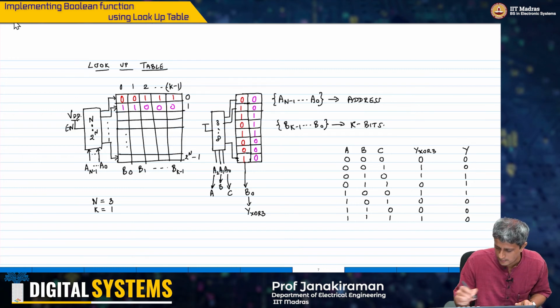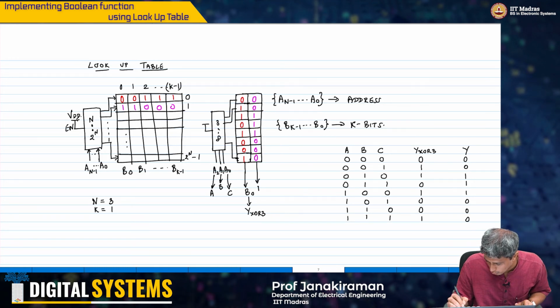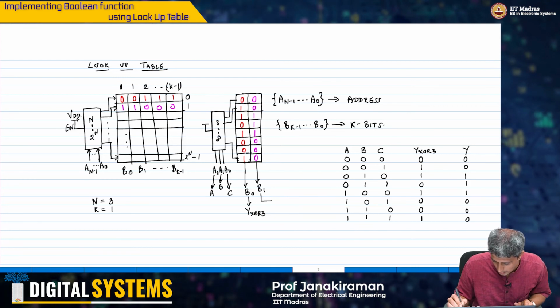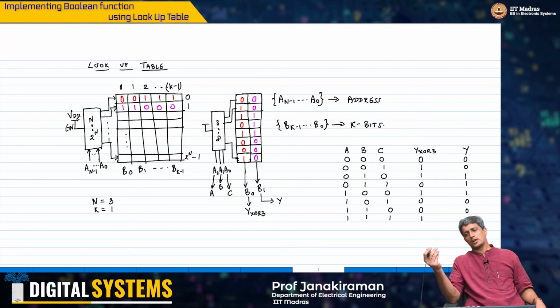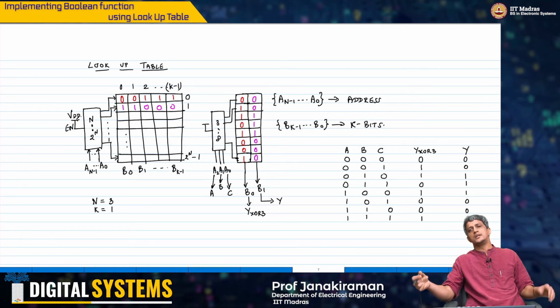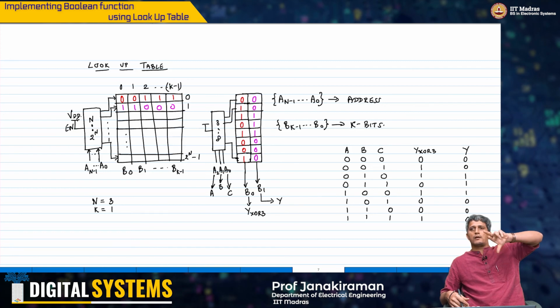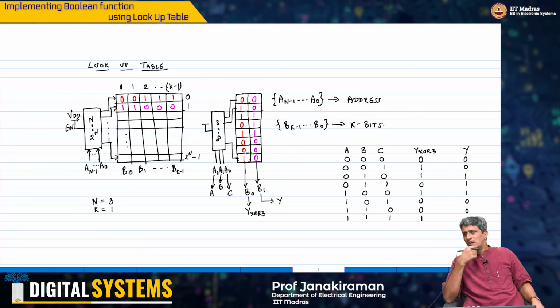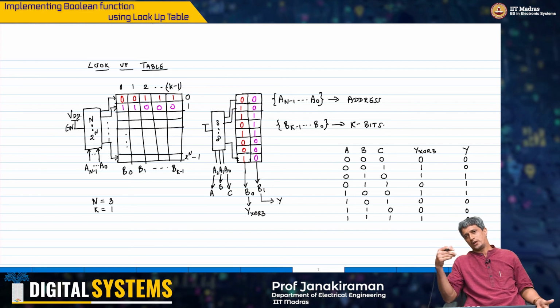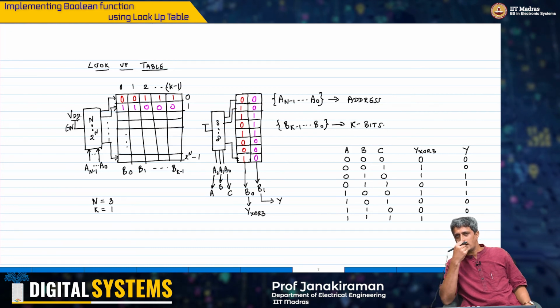Assuming k equal to 2, this is B1, which I will call Y. As usual, just like the case of the decoder and the multiplexer, it was very straightforward: simply take the truth table value that you want and load it into the lookup table as it is, and allow that to be read out in order to get this XOR gate working correctly.